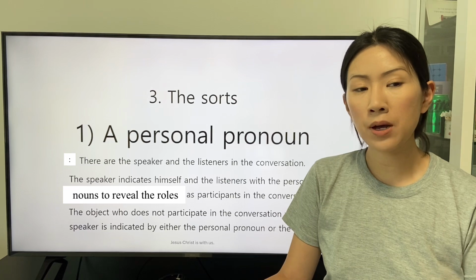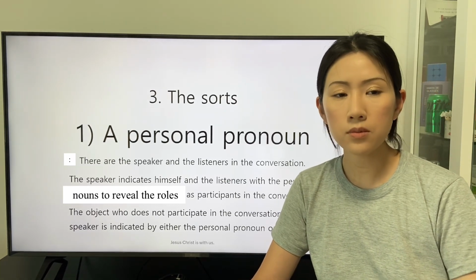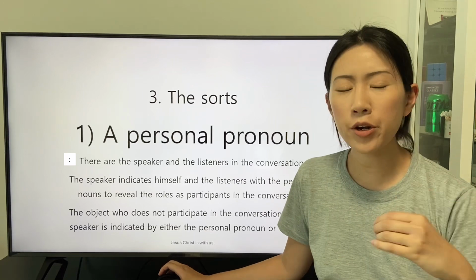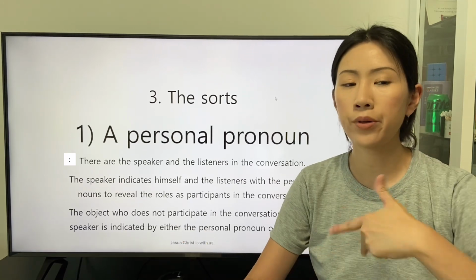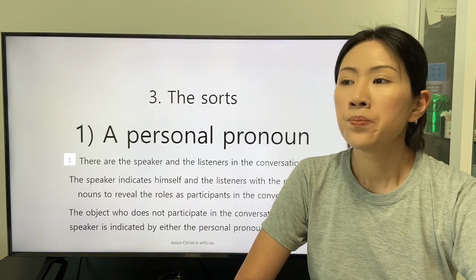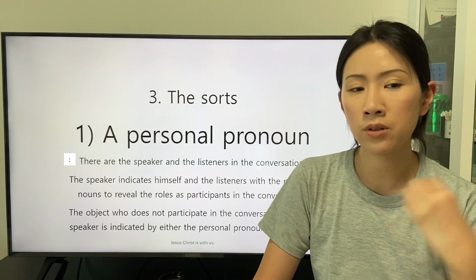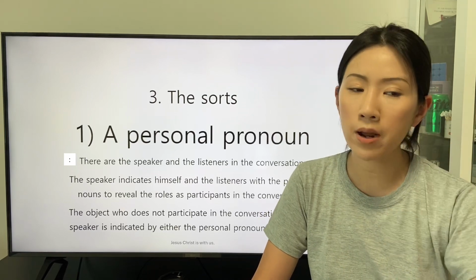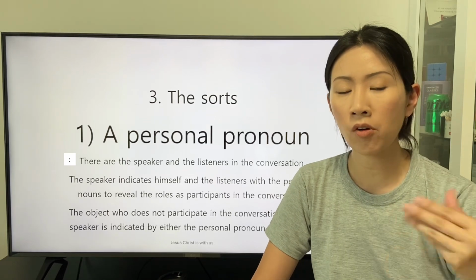Let's start to study about the search of a pronoun. Let's start to study about a personal pronoun. There are the speaker and the listeners in the conversation. The speaker indicates himself and the listeners with the personal pronouns to reveal the roles as participants in the conversation.